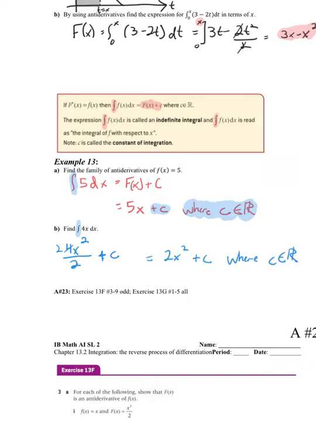That's how you would write problem 13. Okay. So you're just doing these antiderivatives, and you're just dividing by the exponent instead of multiplying by the exponent. That's the difference between derivatives and antiderivatives.